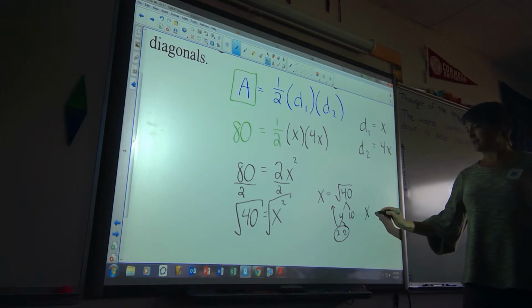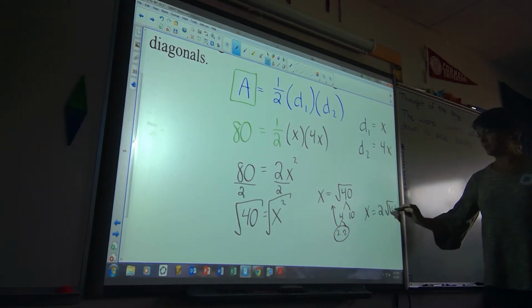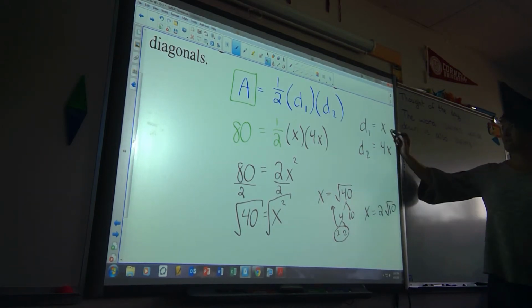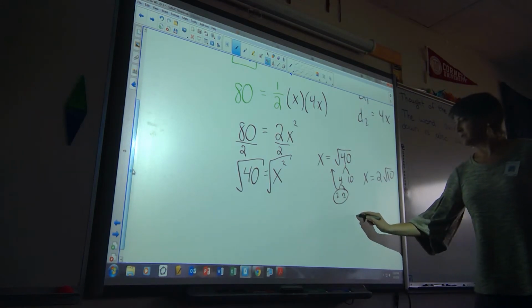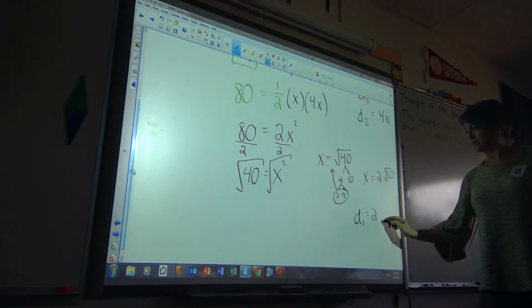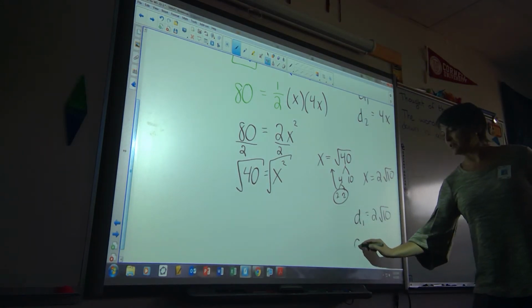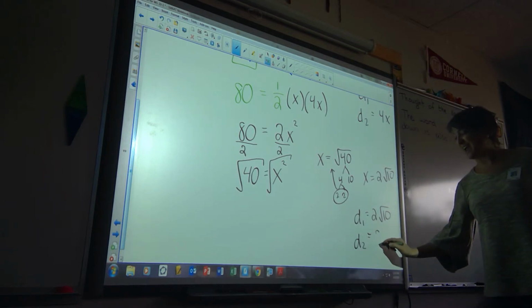So x is 2 square root 10. I just found one of my diagonals. And then the other one is 4 times bigger than that. So one diagonal is 2 root 10. The other diagonal is 4 times that, so 8 root 10.